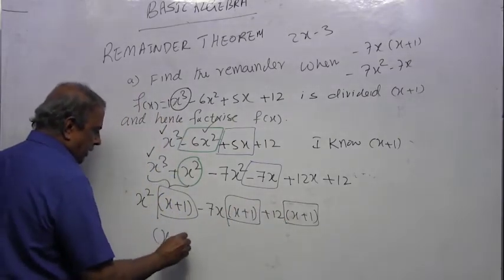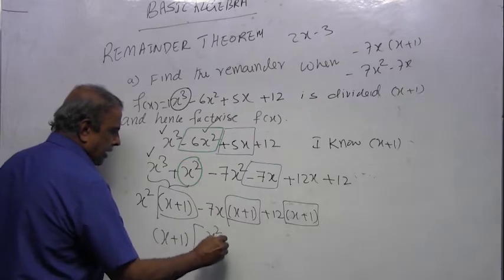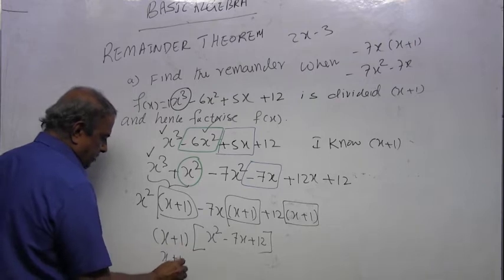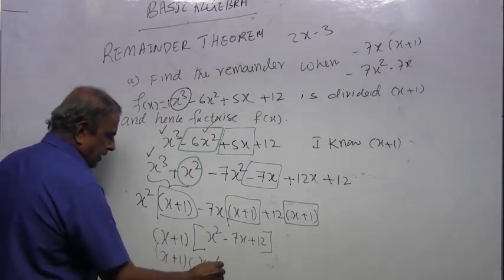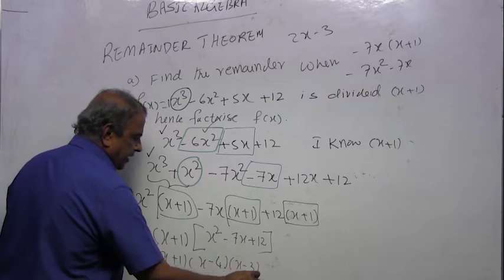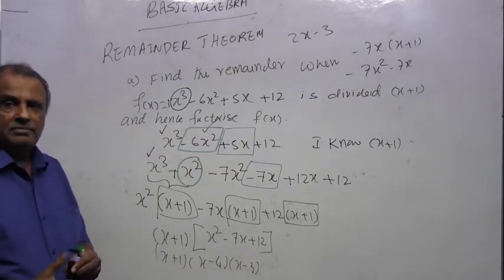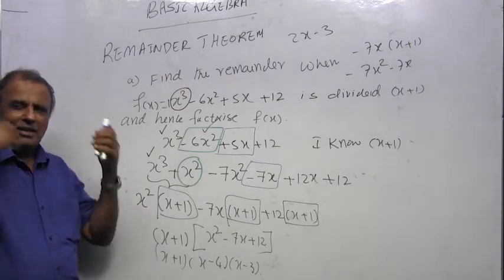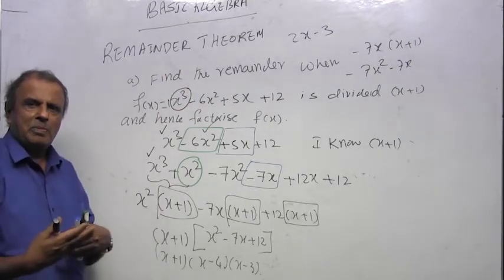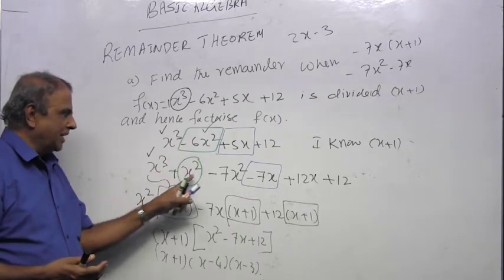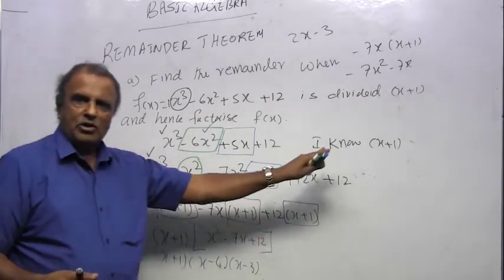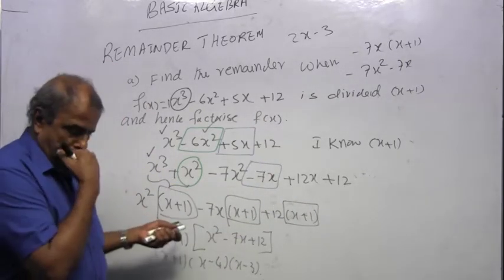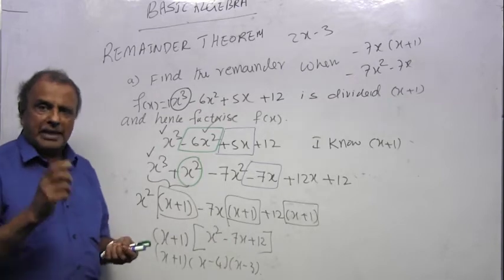If I remove x plus 1 out, I'm left with x squared minus 7x plus 12, which is x plus 1 times x minus 4 times x minus 3. There you are. So, no synthetic division, no long division, but it's a question of adjusting the terms. You need to be careful, because if you go wrong in this step, the whole answer will be wrong. You might get x plus 1 as a common factor, but the quadratic here would be wrong. So be careful.